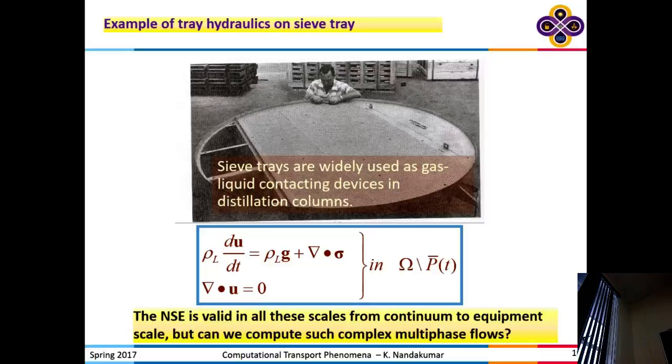So if you have a catalyst particle, for example, and molecules are diffusing through tiny pores, and the pores are nanometer in size, the same size as molecules, then this framework will fail. But as long as your scales are large enough to include, say, 10,000 molecules or so, you can smooth them, you can smear them, you can treat that point as a continuum point. So you're talking about average velocities of many molecules.